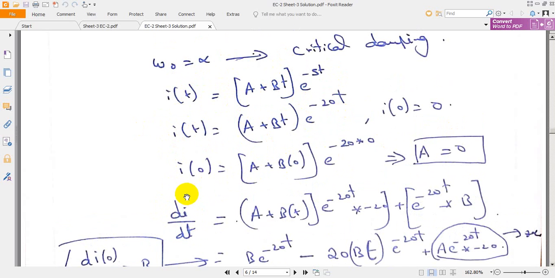Now differentiate this equation, dI of t by dt with respect to time. You will get it as first into differentiation of second, (a plus bt) e power minus 20t into minus 20, plus second, e power minus 20t, into differentiation of first, which means 0 plus b, since the differentiation of t is 1.